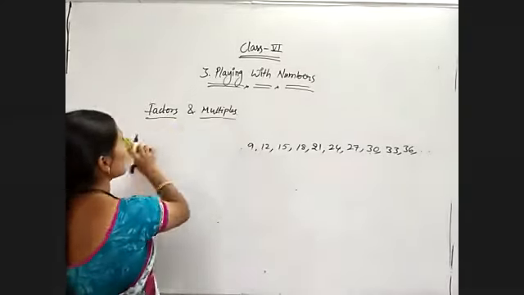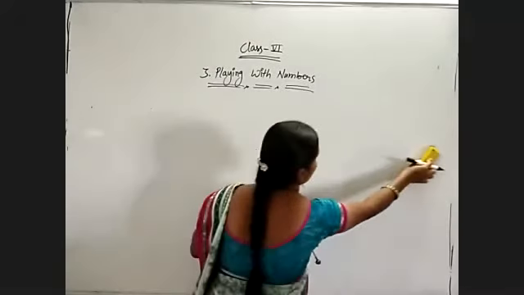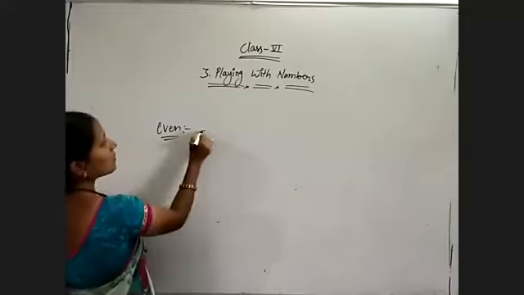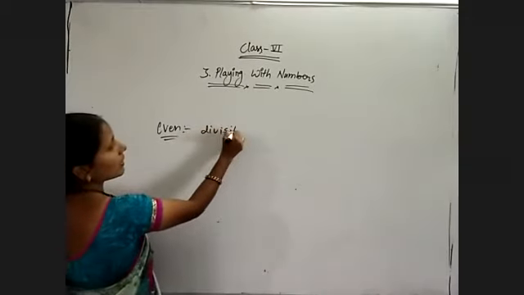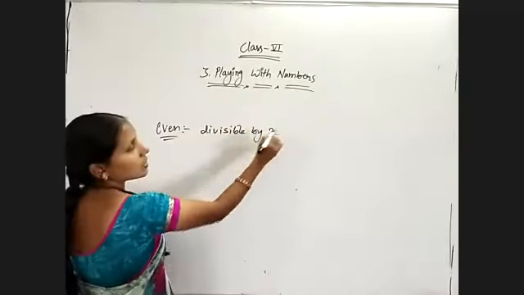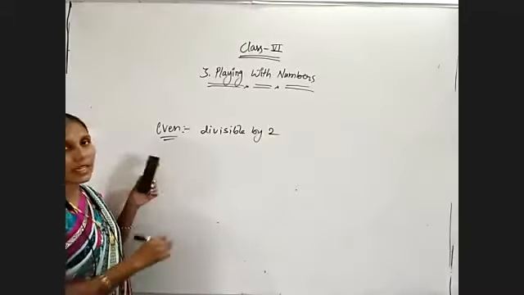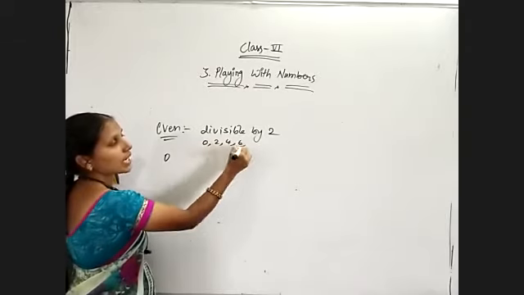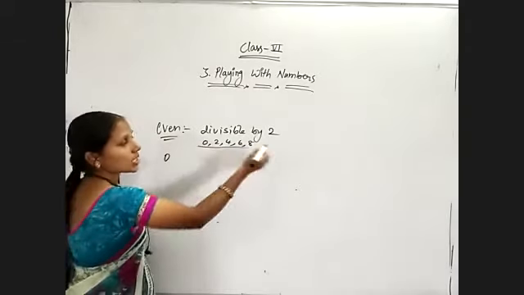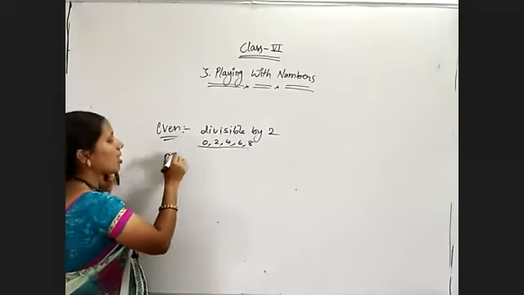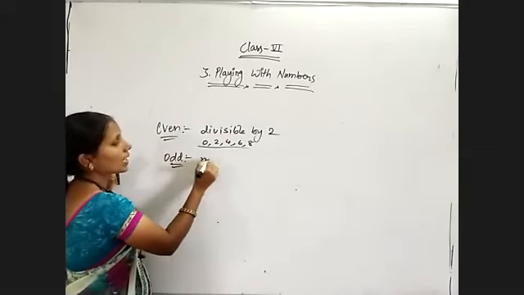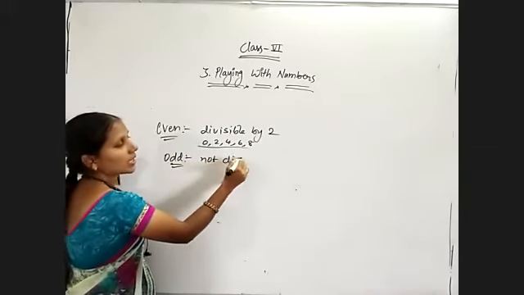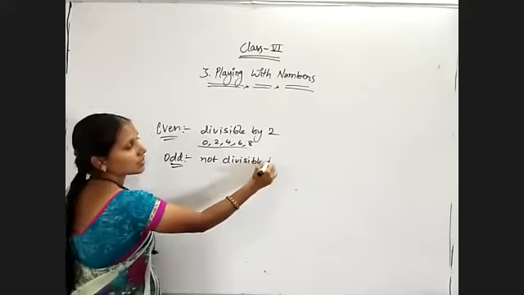After this, prime numbers, odd numbers, even numbers. Numbers which are divisible by 2 are known as even numbers. Means the numbers which have 0, 2, 4, 6, 8 in their units place are even numbers only. And odd numbers are the numbers which are not divisible by 2, leaving the remainder 1 when divided by 2.